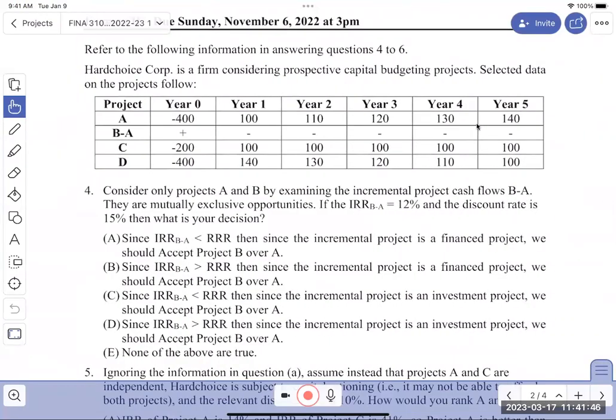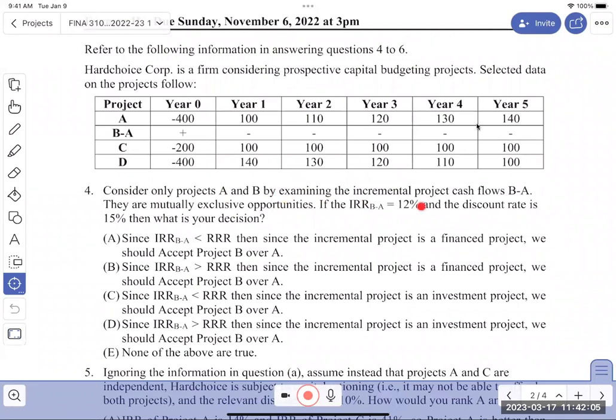So here you have 4 projects. You're given information on A, B minus A. They don't show you B, but they tell you about the stream of cash flows. And then C and D, and they say consider only A and B, so these two.